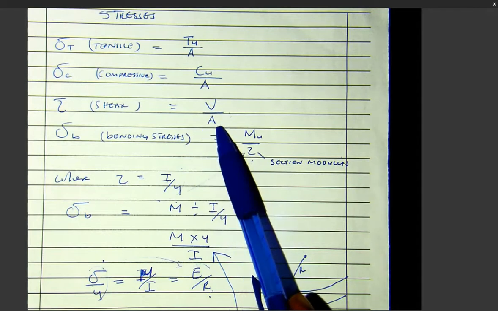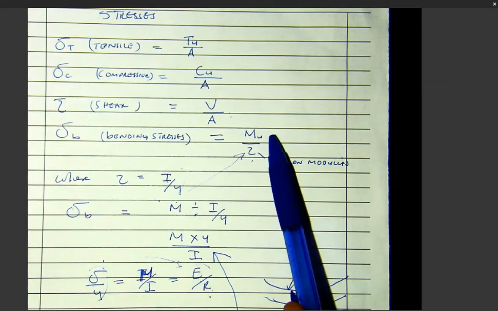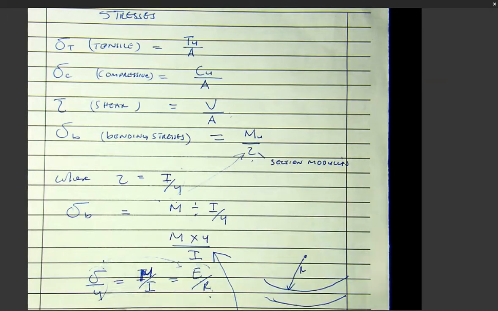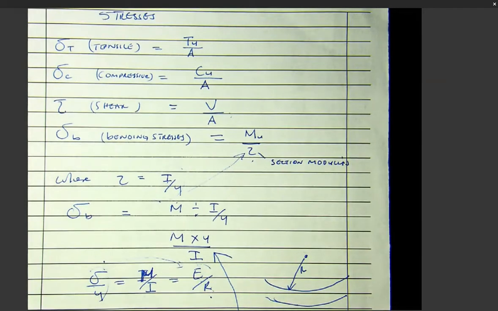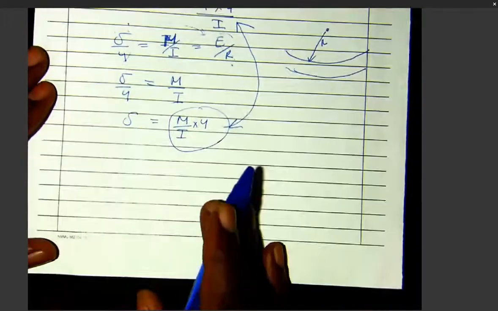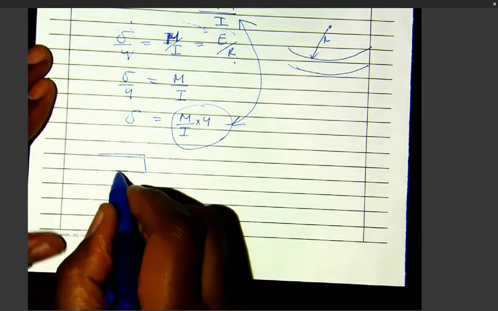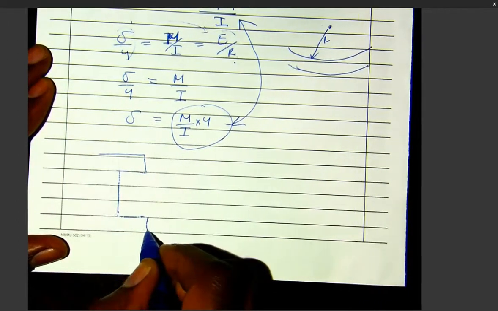Then when you come to bending stresses, it's your applied moment divided by Z, or times I over Y. Normally the bending stresses are like this. I'll show you this. Let's say you've got a cross section like this, an I-beam like this.